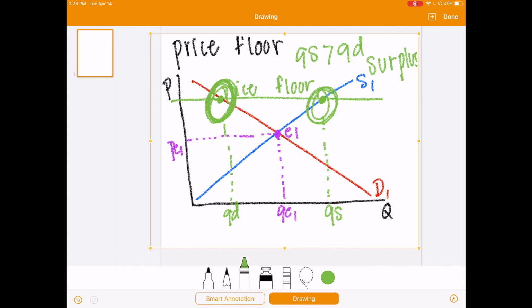So the demand for a minimum wage job is less than the minimum wage jobs being supplied. Otherwise saying, the quantity supplied of minimum wage jobs is greater than the quantity being demanded for minimum wage jobs. And so again, this is your price floor, and it is always going to be above equilibrium.